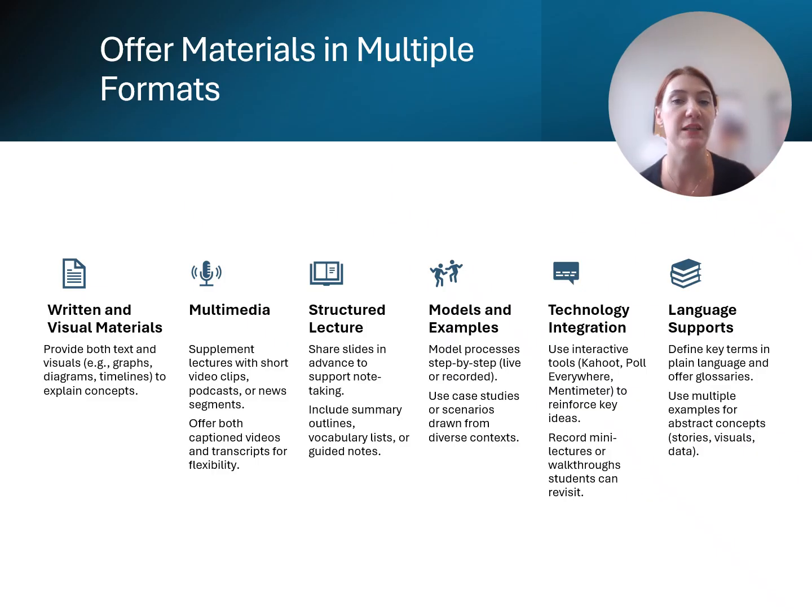As we learned previously, universal design for instruction really emphasizes the idea of variety in terms of how information is presented to students, how students engage with that information either inside or outside of class, and how students are assessed. So I want this slide to act as a sort of reference for you in terms of how you can present information to students in varied ways.